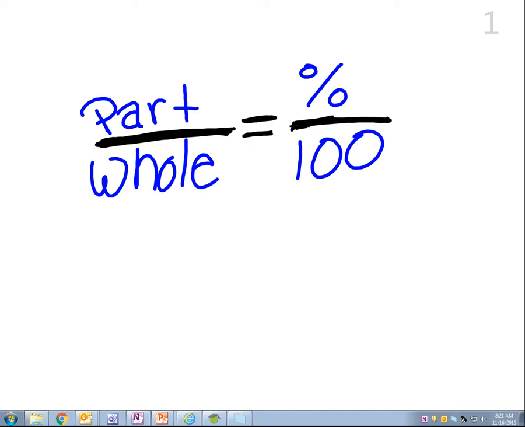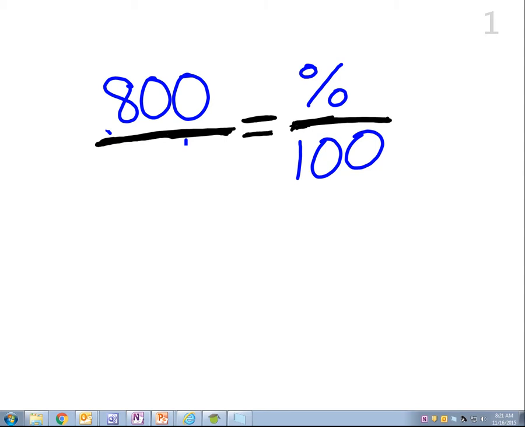Is 800 the part, or is that the whole? The part, exactly. So now back to that other page. They gave us the part, so I'm going to put 800 right here. And we do not know the whole, so I'm going to put an x right there.